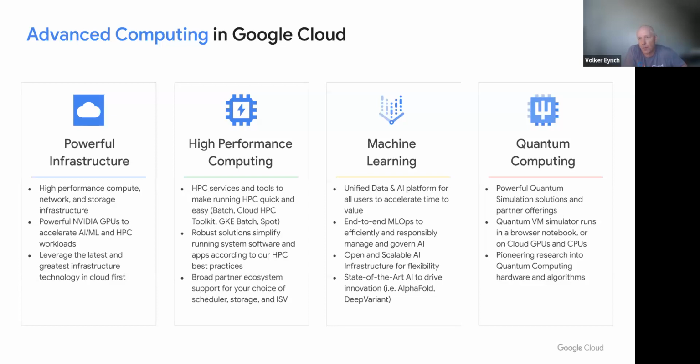And we've really tried to accelerate as much as possible the deployment of new technologies into cloud as soon as possible, ideally first. So that's oftentimes a place where you can use the latest and greatest technologies first. An example is GPUs. Google Cloud has a very strong story on GPUs.